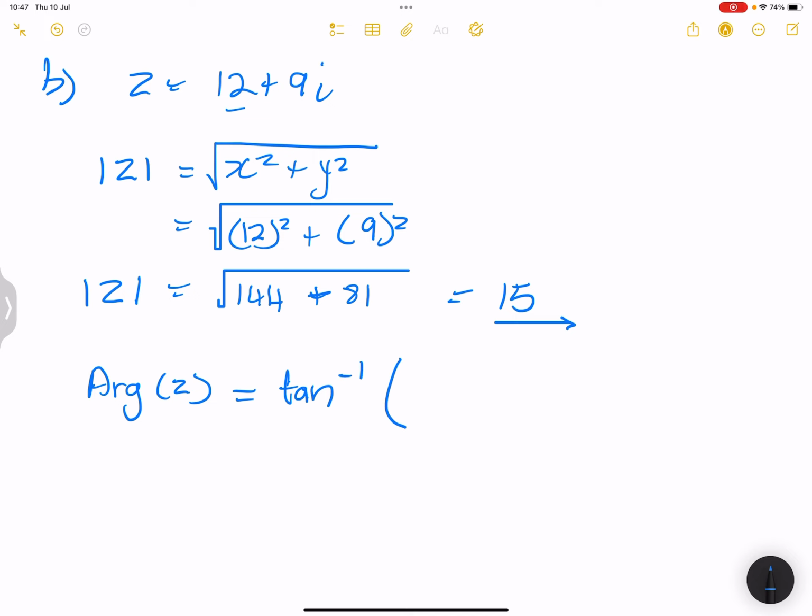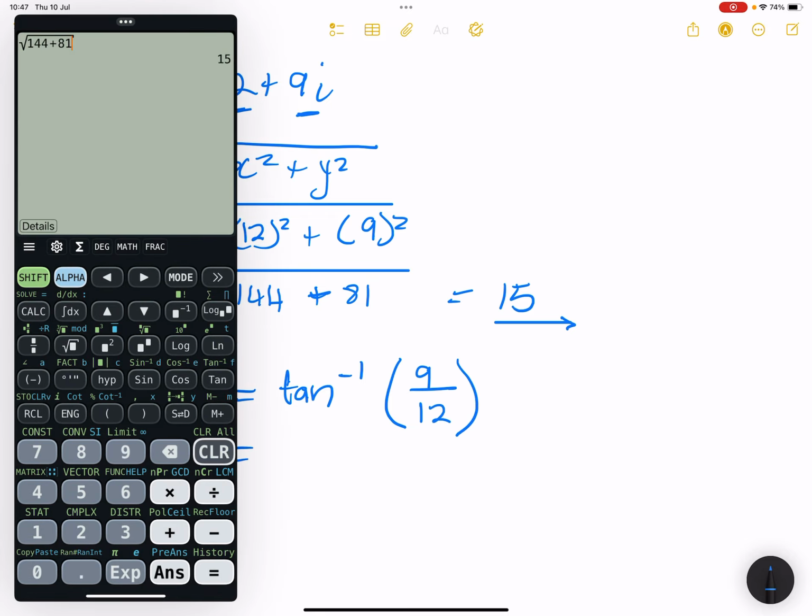Remember that tan is y over x, so this is going to be 9 over 12. And what would be our argument in that case? That's arctan, and you get a value of 36.9 degrees.